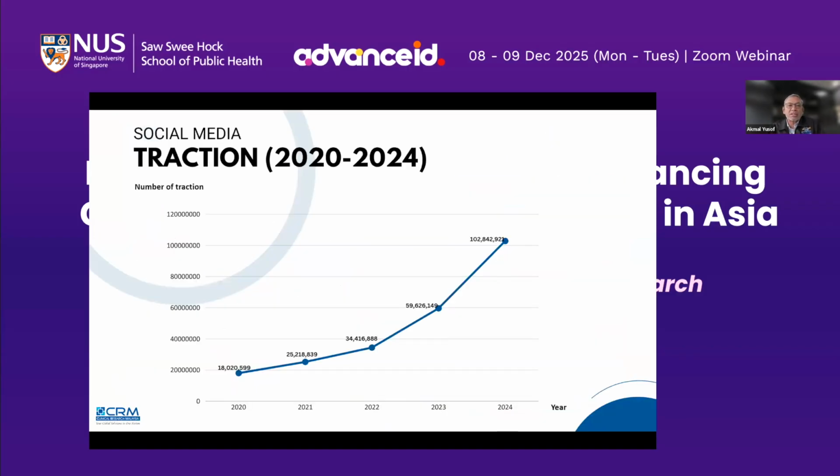We do this because our social media now has more than 100 million impressions across all those apps, LinkedIn and so on. So we believe this is not only good for reaching out to people, but it also educates others that clinical research is very much alive in Malaysia.